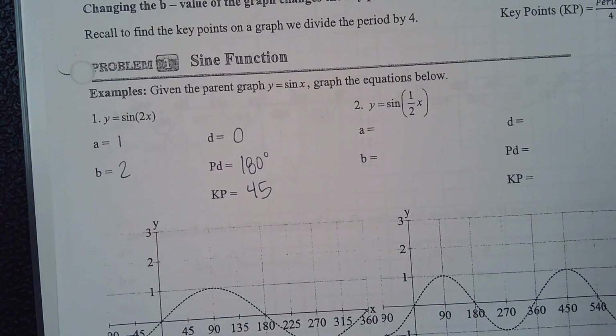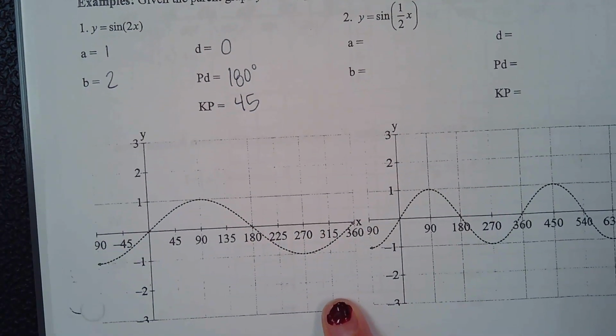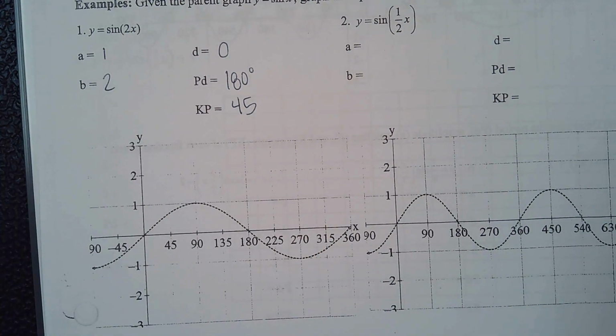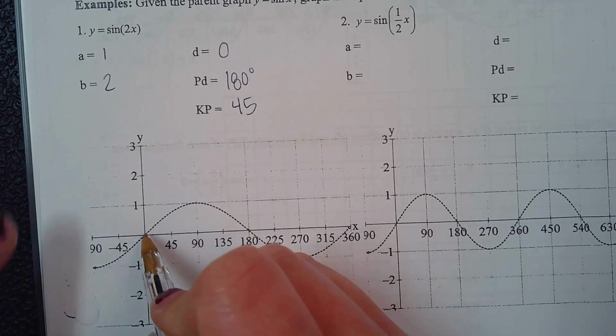So what they've done already is they've graphed the original, and we're going to graph this one on top of it just so we can see how it's changed. So are we going to start where? 0.